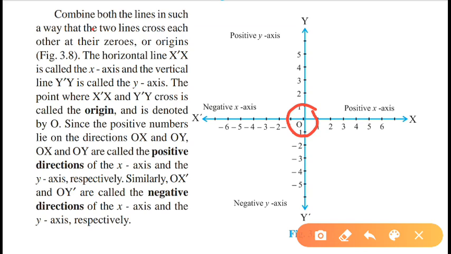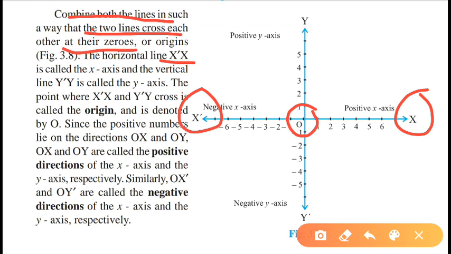So we combine both the lines in such a way that the two lines cross each other at their zeros, or the origins. The horizontal line is x dash x, as it is written here, and is known as the x-axis, which has the positive x-axis part as well as the negative x-axis part, whereas the vertical line is y dash y.